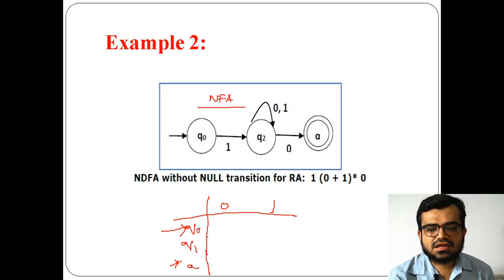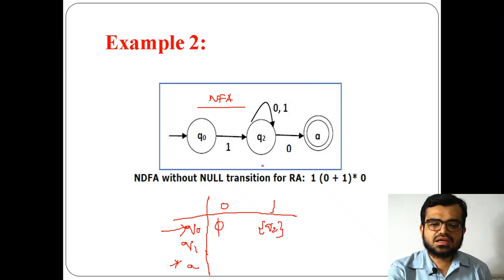Okay. Now Q0, there is no input of 0, so I am just writing here as phi. Now Q0 upon receiving input 1 reaches Q2, so only one state is there, Q2.